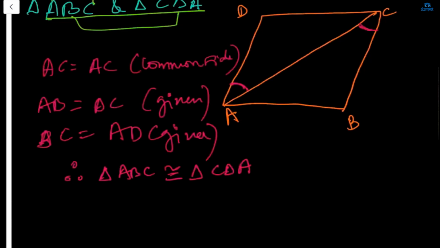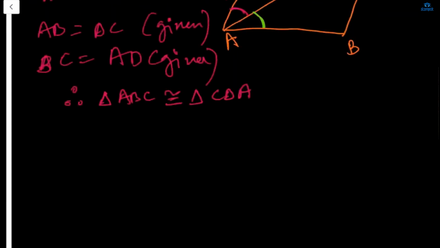That is angle BAC is equal to ACD, and angle BCA is equal to DAC. So I'm writing here, triangle BAC is equal to triangle ACD.